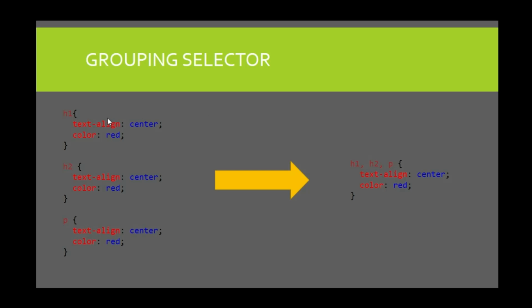So instead of having 3 different CSS rules for the H1, H2, and P, we can combine or group those selectors into only one selector. So it refers to H1, H2, and P, text align center, color equal to red.